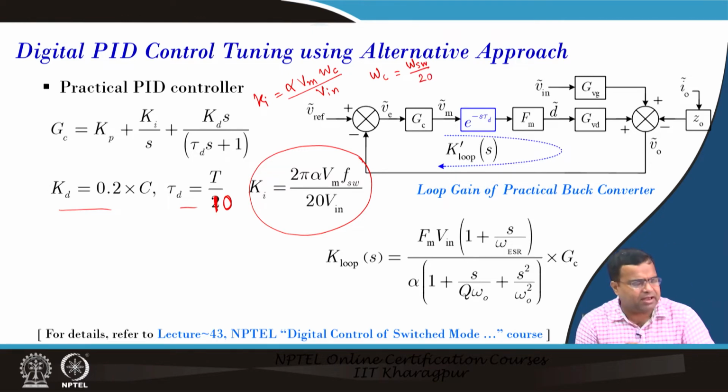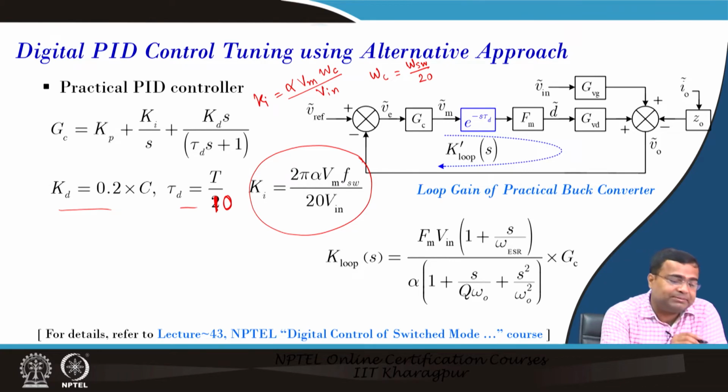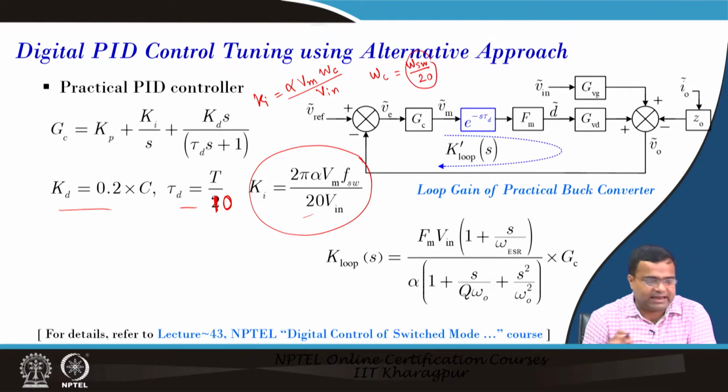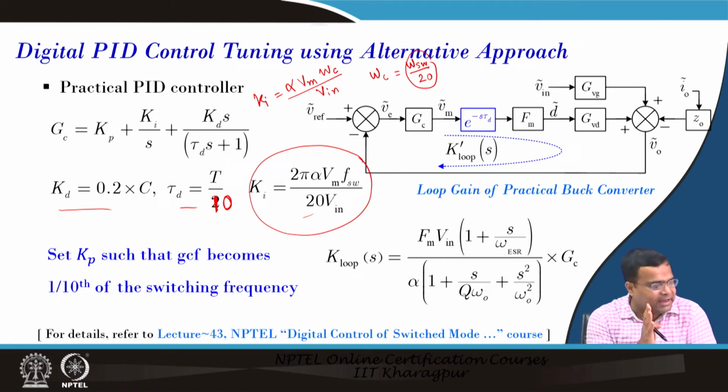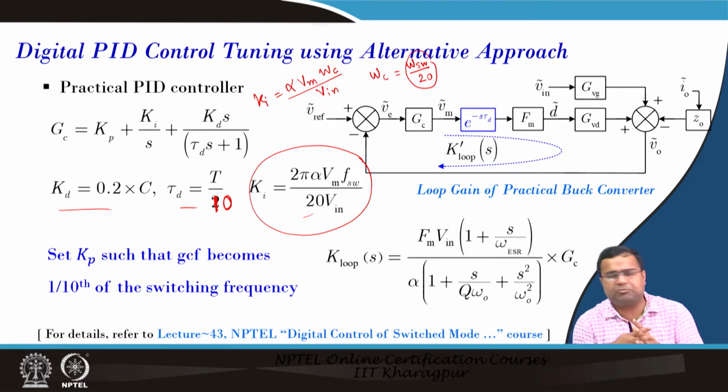Again, we can play with the integral gain, but this is a typical choice. So, we are not deciding omega c yet, but we are choosing Ki by taking omega c as the switching frequency by 20. Then the rest, we have to decide Kp, and Kp can be decided to achieve a gain crossover frequency somewhat higher than 1/10 of the switching frequency.